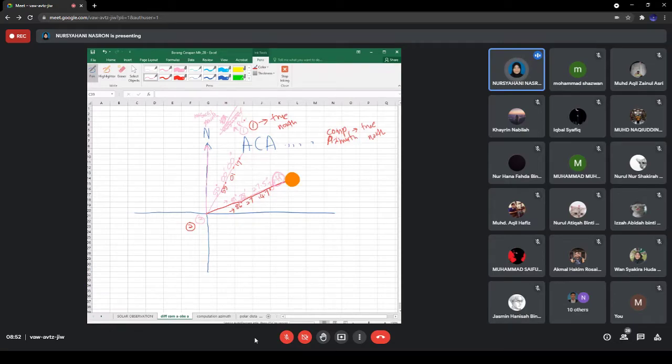Ini untuk betulkan kedudukan kita. Before this we based on magnetic compass ataupun assumed bearing. So we correct our value from the solar observation. One of the methods lah. Ada juga method-method yang lain tak menggunakan solar, but one of the methods to correct our datum is based on solar observation.